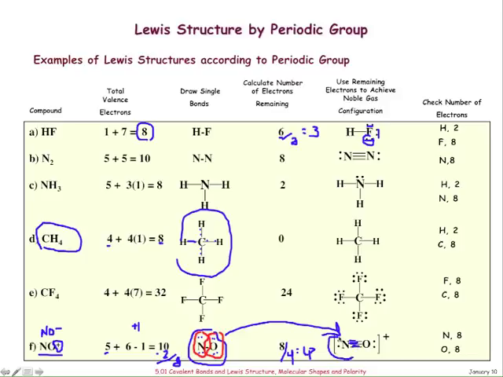That's a total of 8. This oxygen has 2, 4, 6, 8 electrons around it, and there's a total of 10. So this right here would be the correct Lewis structure. But again, how did we come up with that? Well, I'm going to show you the trick on how to come up with the Lewis structure in the next few slides.